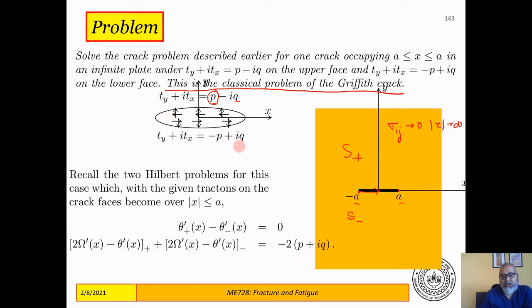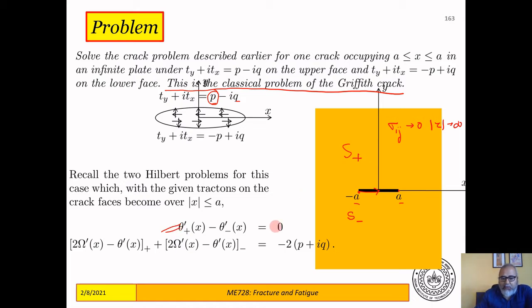On the lower face, minus P plus iQ is applied, and they are equal and opposite. So P is opposite to minus P, and minus Q is opposite to plus Q. So they cancel out. If you now look at the two Hilbert problems that we had, when there are equal and opposite tractions acting on the upper and lower faces of the crack, the first Hilbert problem reduces to a homogeneous Hilbert problem.